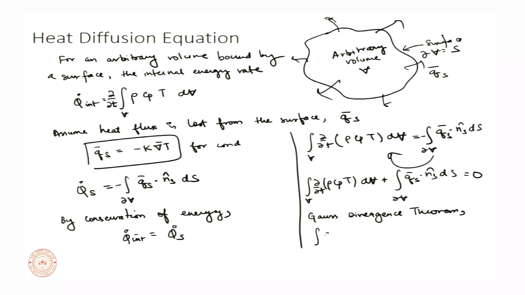In this case, it is the divergence of the vector within the volume. This is our Gauss divergence theorem. Now, we can substitute this into our governing equation.